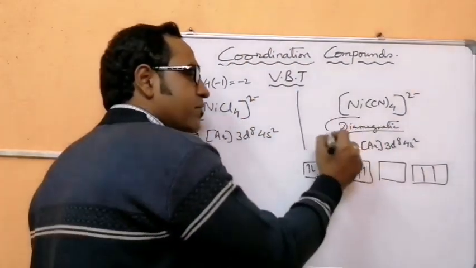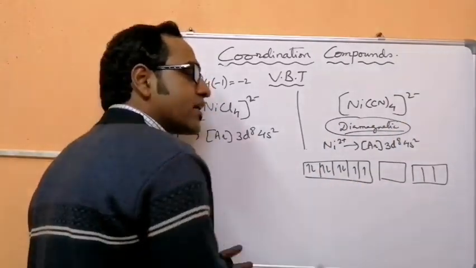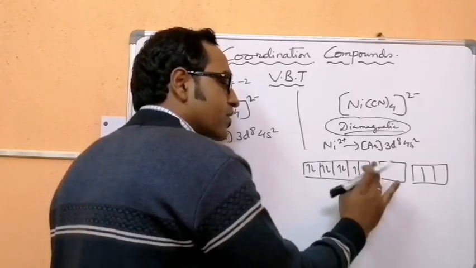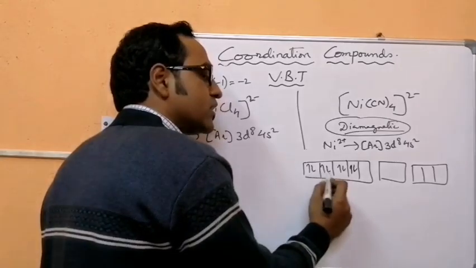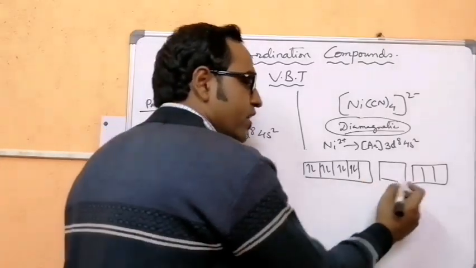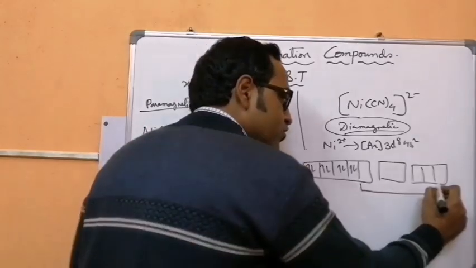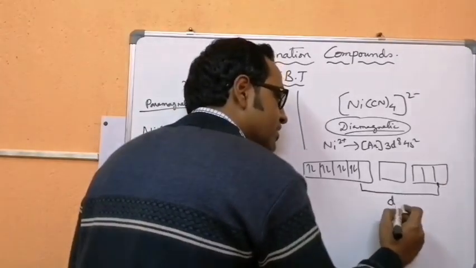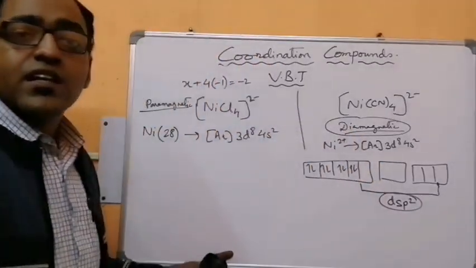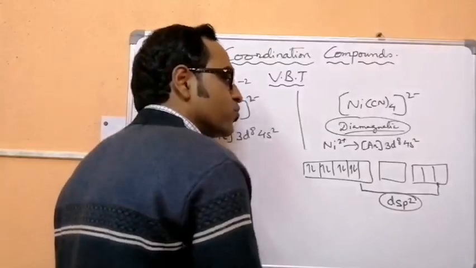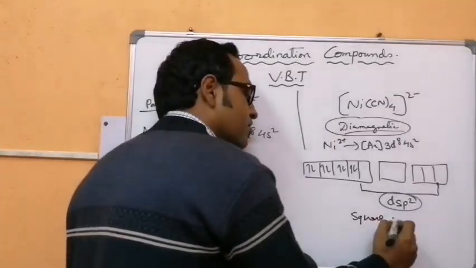Now since it is diamagnetic, there should not be any unpaired electron, so we will pair up the electrons. How will we pair up? We will put this electron in this orbital: 1, 2, 3, 4, 5, 6, 7, 8. Now we have 4 orbitals, from this 3d, and we'll stop here. So we are getting dsp2. So the hybridization of nickel tetracyanide is dsp2 and the shape of the molecule is square planar.